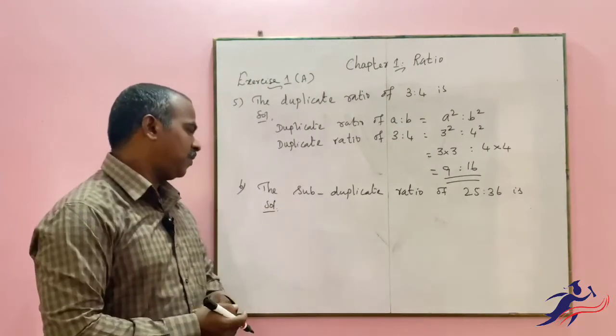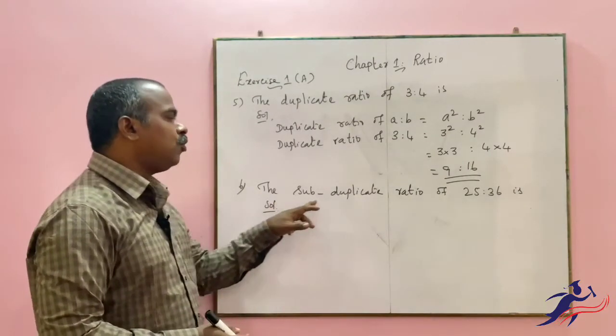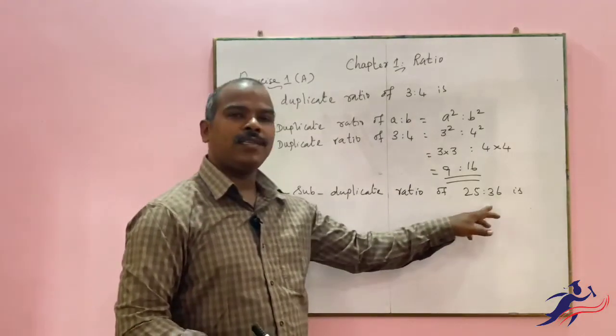Now, question number 6. The subduplicate ratio of 25 is to 36 is.